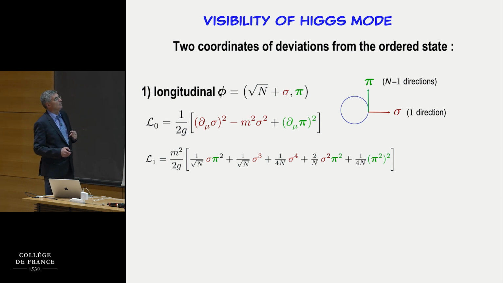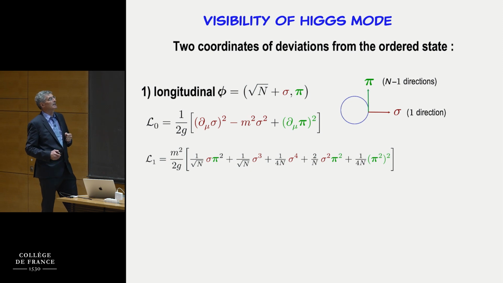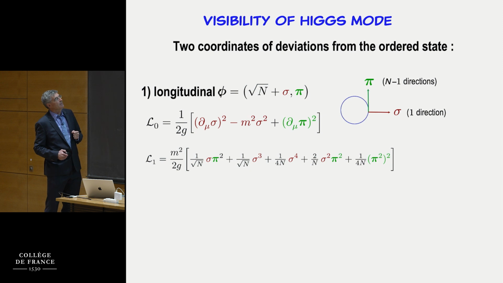Okay, so what are the degrees of freedom mathematically? You expand the order parameter, let's say, around some direction of broken symmetry, and you have the longitudinal direction called sigma and the Goldstone mode called pi, and you expand the action. The zeroth order harmonic term has a massive longitudinal mode, and it has a massless Goldstone mode, right? There's no mass term here. It goes like k squared.